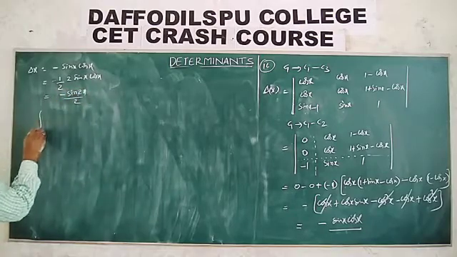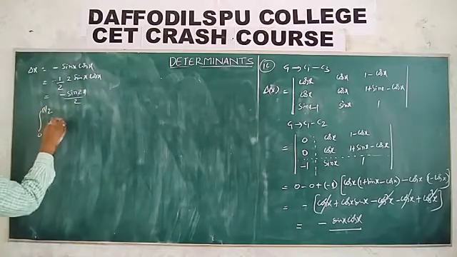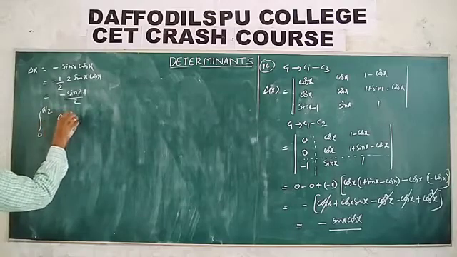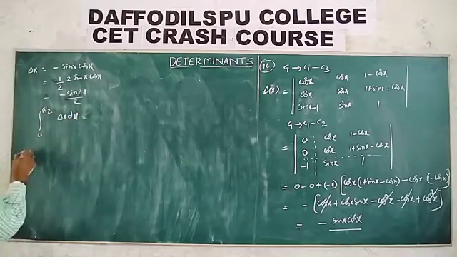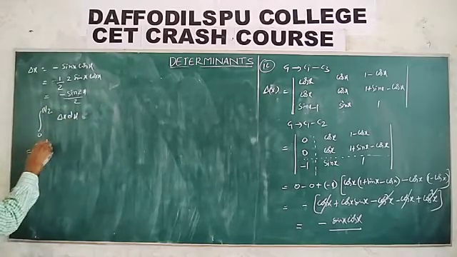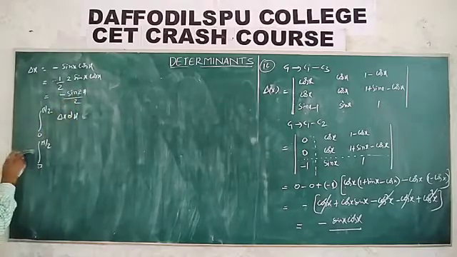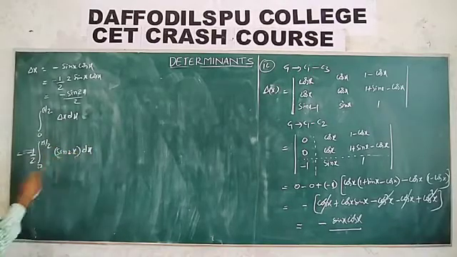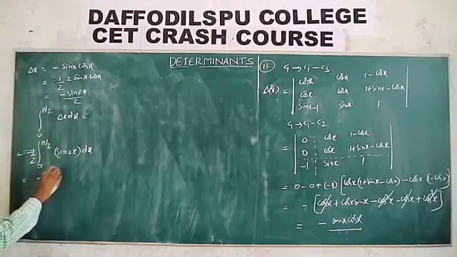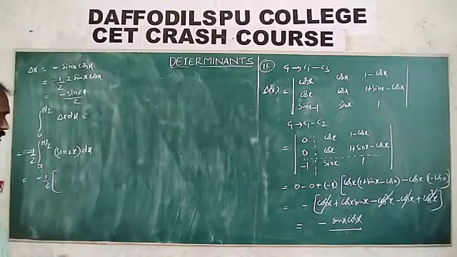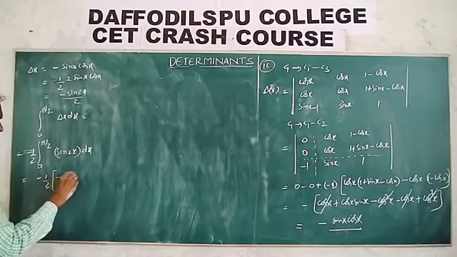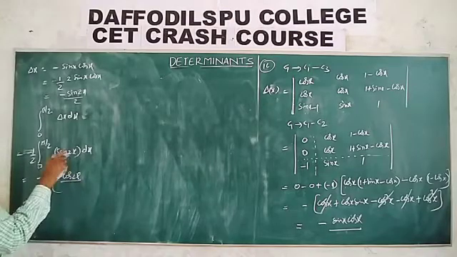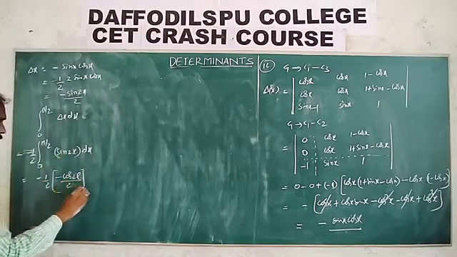So the integration of delta x dx from 0 to pi by 2 is minus 1 by 2, outside, integral of sin 2x dx, which is minus cos 2x divided by the coefficient 2.